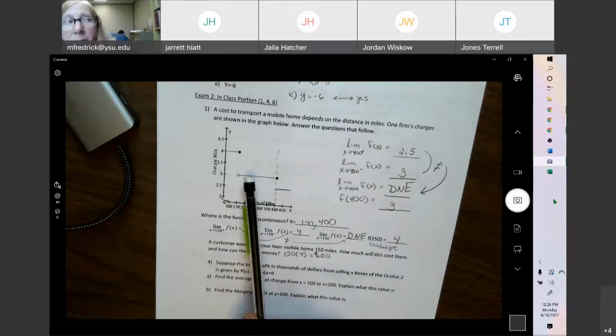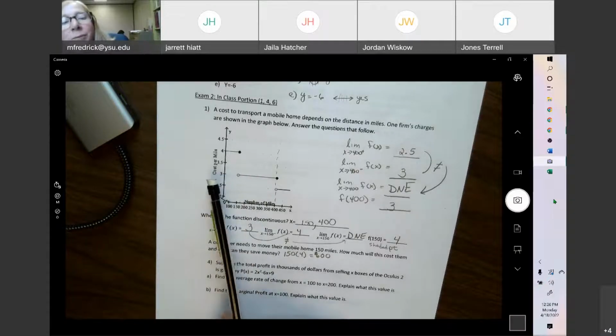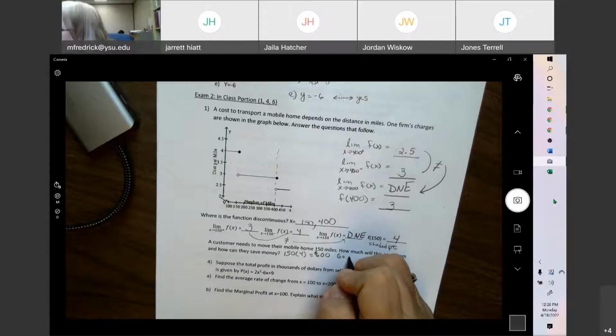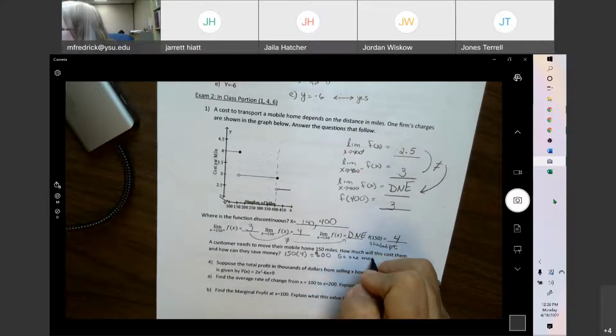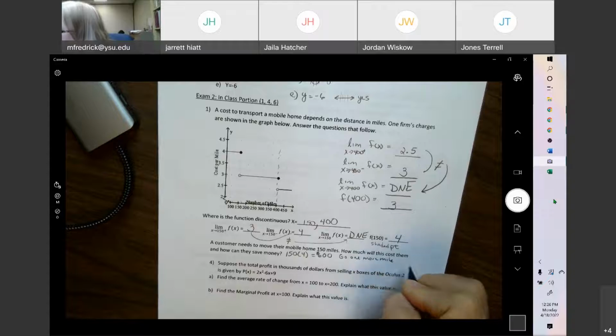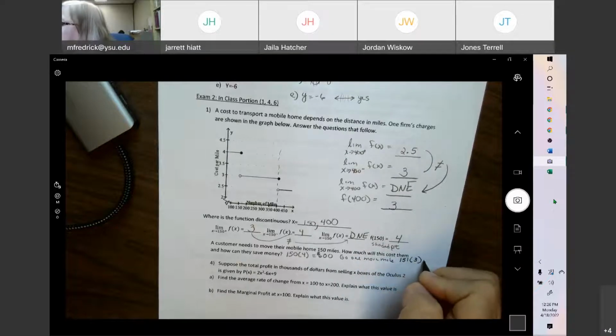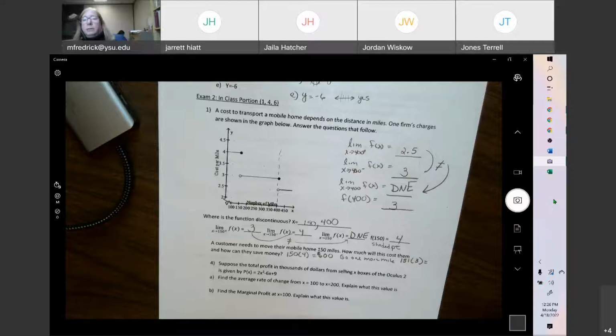So tell them to go around the block or drive one more mile, and then they'll only be paying $3. So if they go 151, it's only $3 per mile.